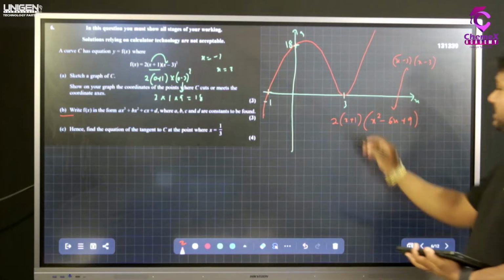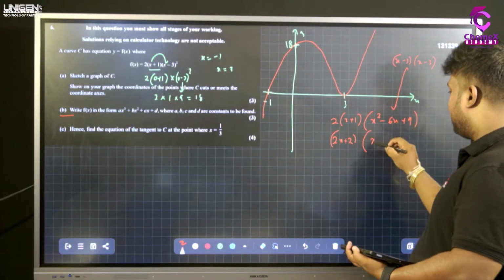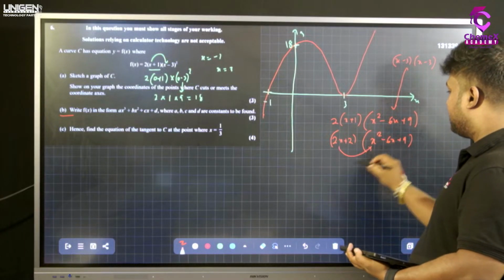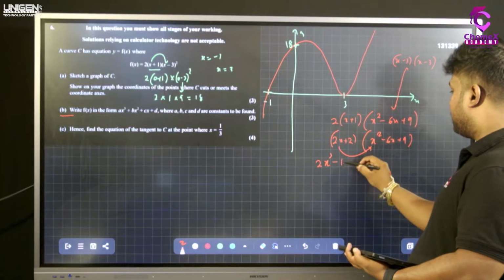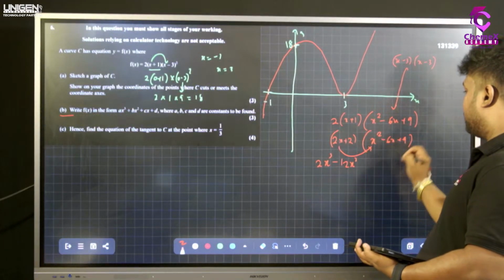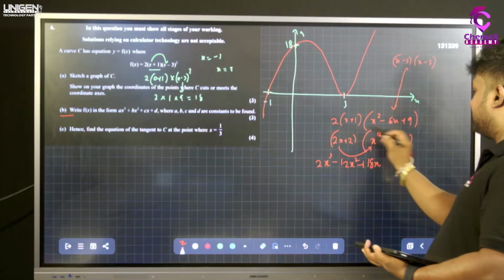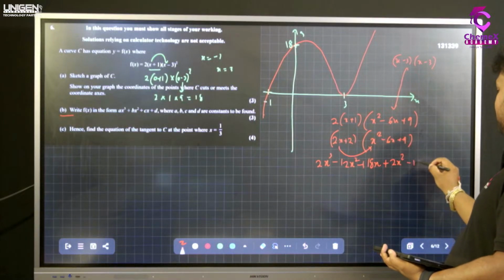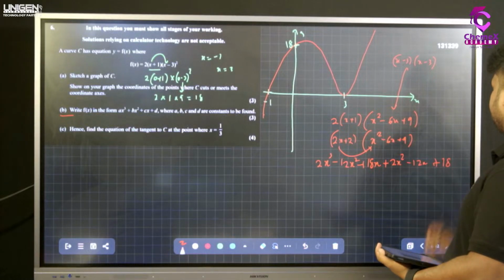Then I can write this as (2x plus 2) times that. Then expand it: 2x into this gives 2x cubed, 2x into this gives minus 12x squared, 2x into this gives plus 18x, this into this gives plus 2x squared, this into this minus 12x, this into this plus 18.